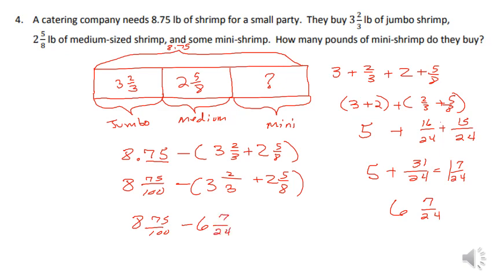Wow, that's going to end up with some large denominators, isn't it? Now, let's go ahead. And now we have 8 minus 6 plus 75/100 minus 7/24.